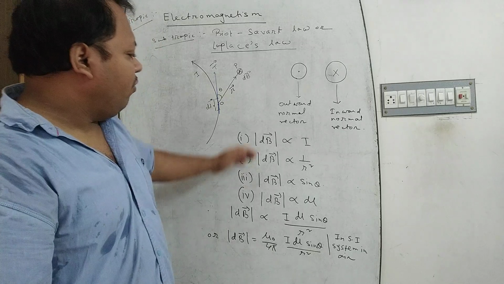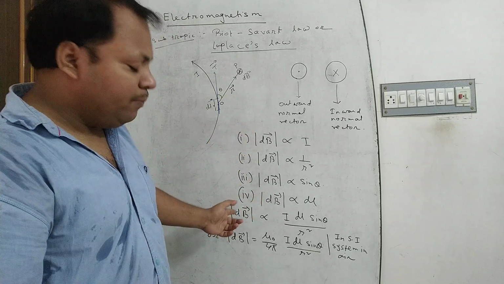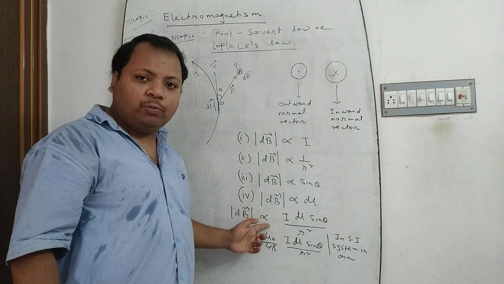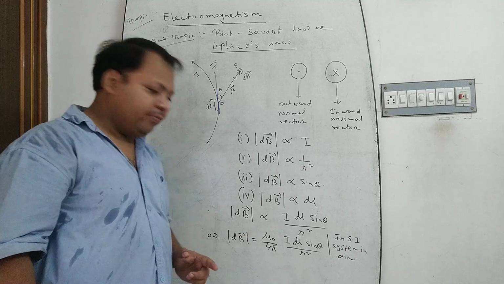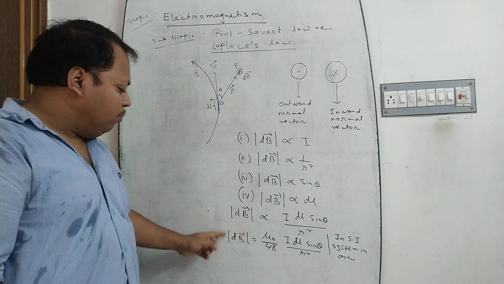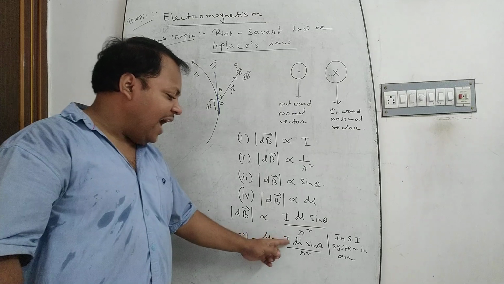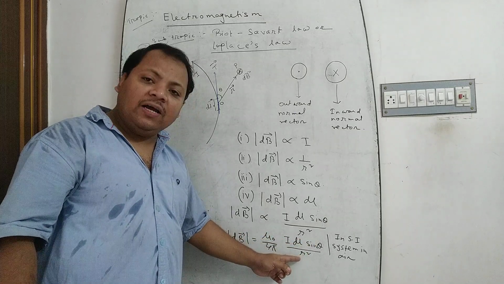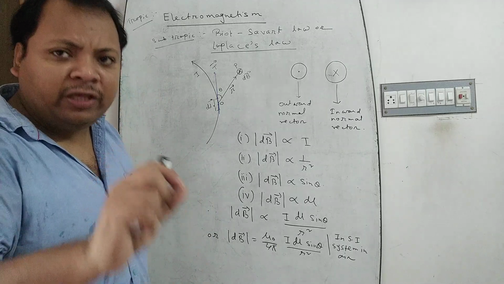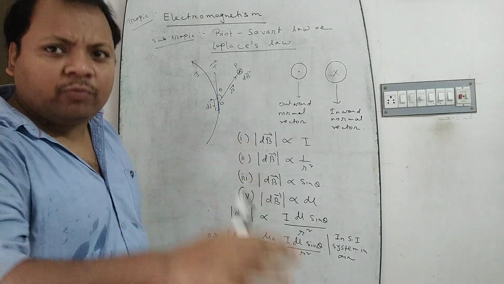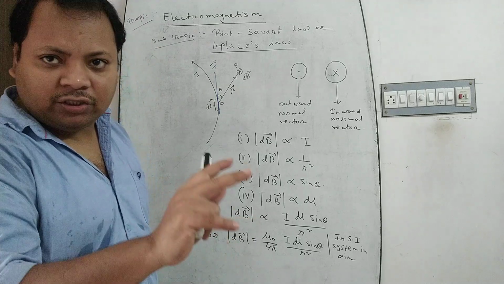Clear? From the above four relations, we can write that the magnitude of dB is directly proportional to I dl sin theta by r square, or magnitude of dB is equal to mu 0 by 4 pi I dl sin theta by r square. You know that when we write an equal sign instead of a proportional sign, we have to introduce some constant.